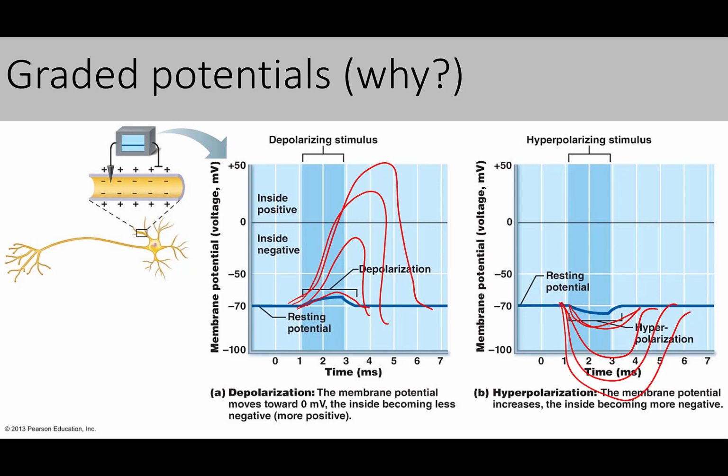And additionally, they affect a very small area. They could affect an even bigger area. They don't propagate, but the stimulus determines how big the depolarization or hyperpolarization is and how big of an area is affected.